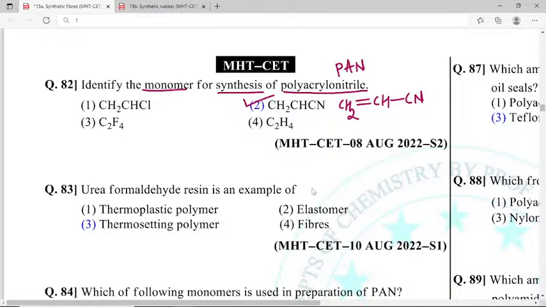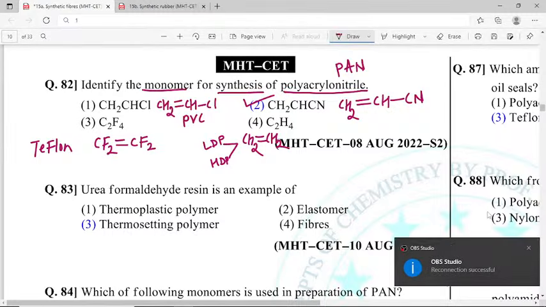Okay, C2H4 is CH2=CH2, which is low density polythene. C2F4 stands for CF2=CF2, which is Teflon. So this is the monomer used for Teflon. And CH2=CH is polythene.